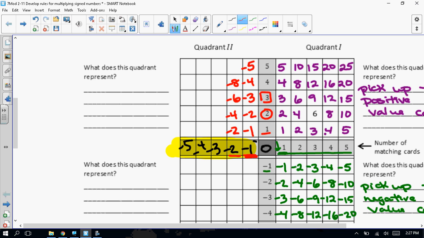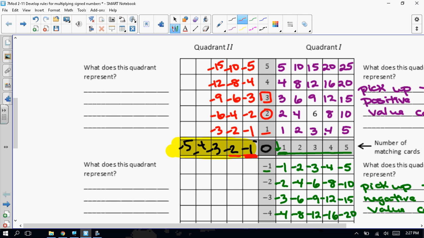And if I remove 2 cards worth 5 points, I've now lost 10 points. Okay, you see how this is all working? So if I remove 3 cards, each worth 1 point, I've lost 3. 3 cards removed worth 2 points is losing 6 points. -3 and 3 gives me a -9. -3 and 4 gives me -12. -3 and 5 gives me -15.